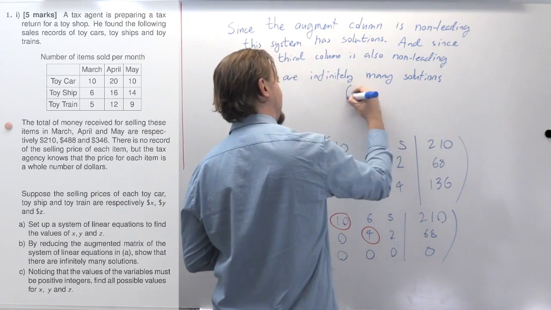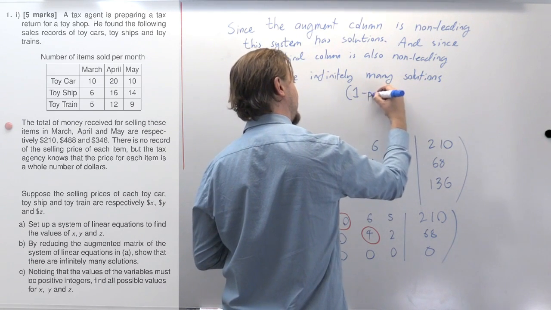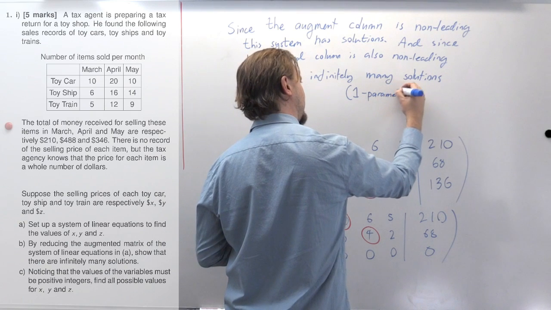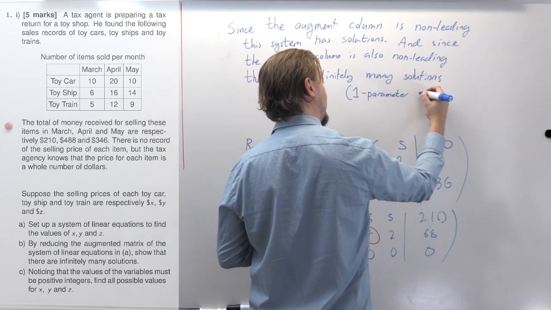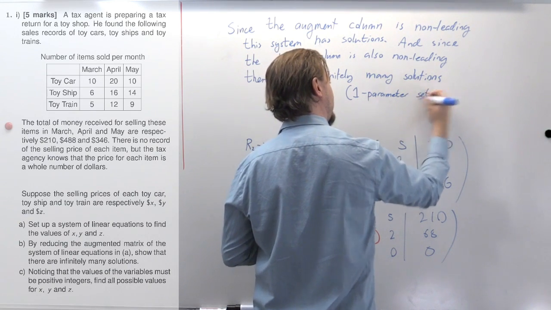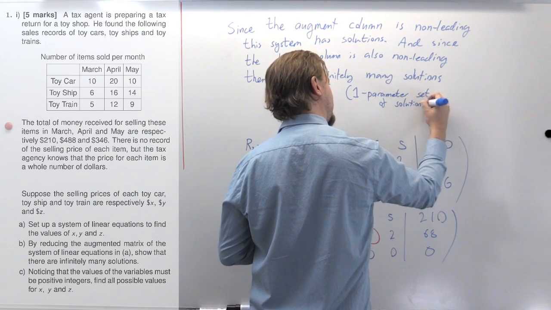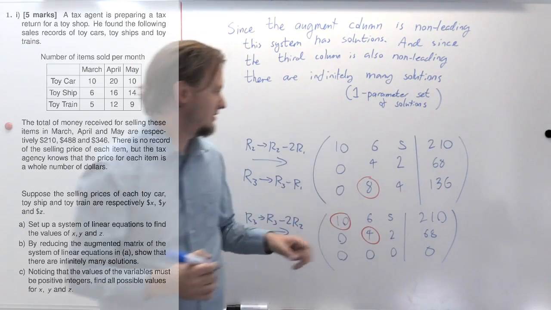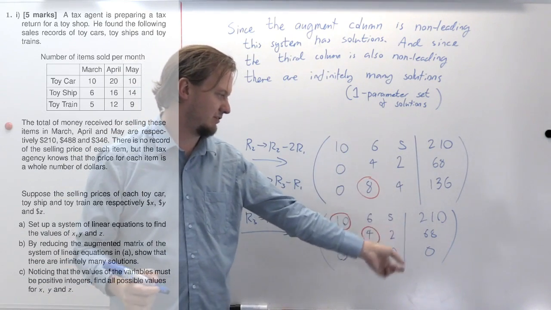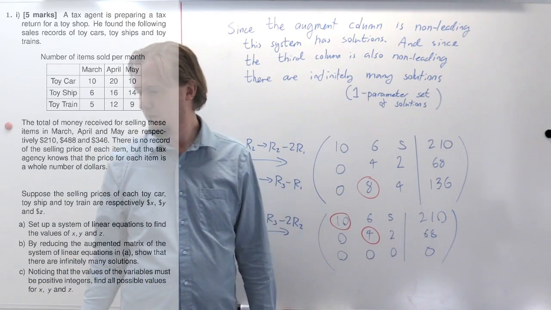If you want to be even clearer, it is a one parameter set of solutions, just because there is only going to be one parameter in the end based on this column here.